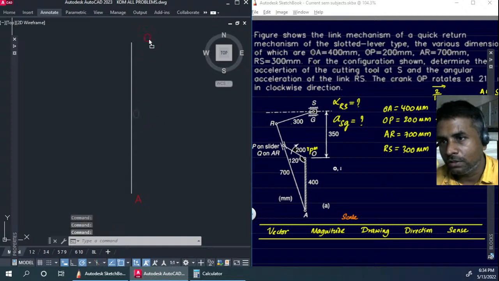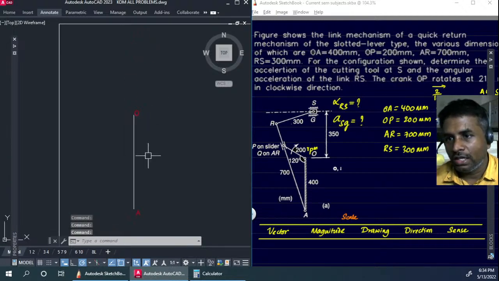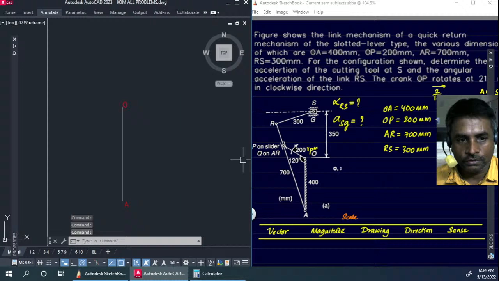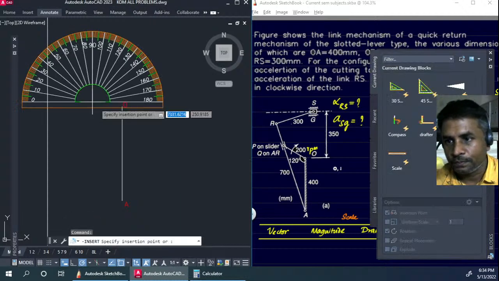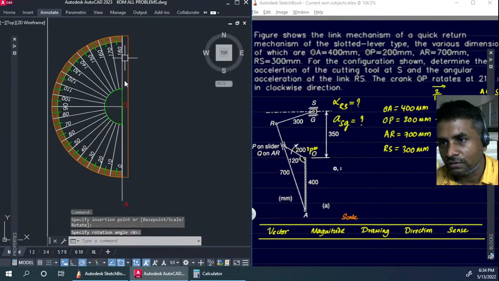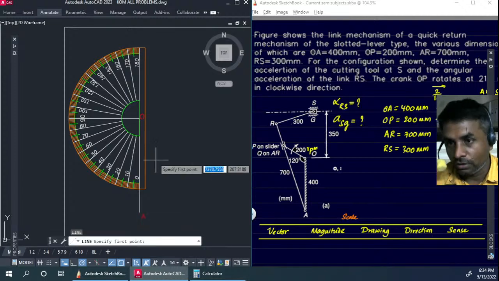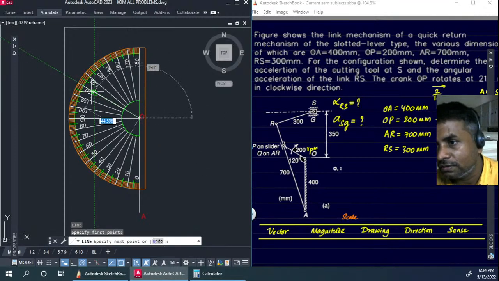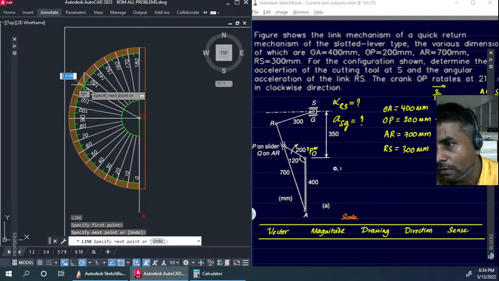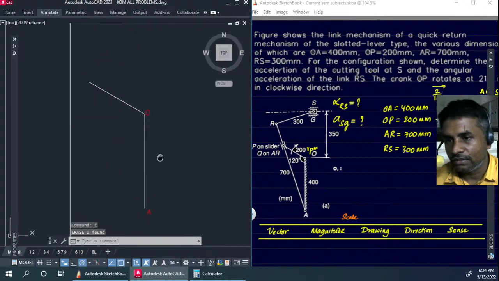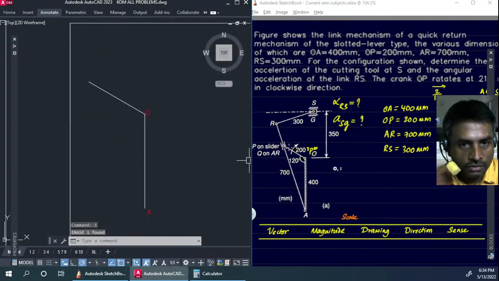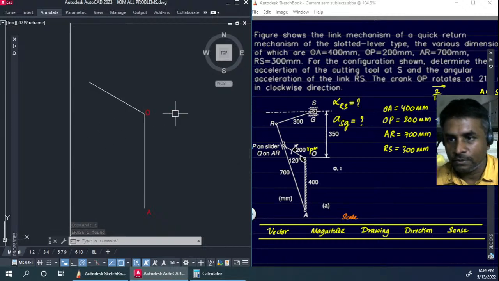So this point O is actually going to appear here, and at that point we need to take the protractor over there and draw an angle of 120 degrees. Okay, so that's 120 degrees, but the length OP needs to be 4 centimeters.